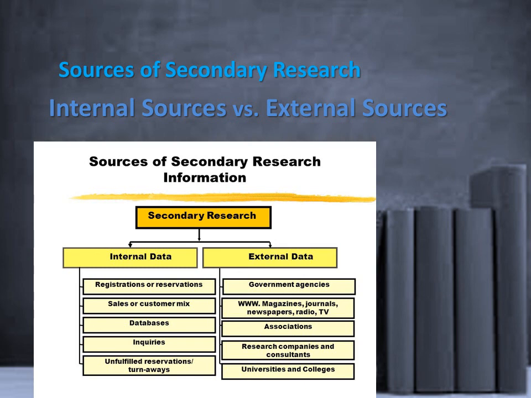And then you have different external data available, which could come from sources like government agencies, magazines or newspapers, industrial associations, research companies, or universities and colleges who do a lot of research, collect data and make it available. So there are many sources.